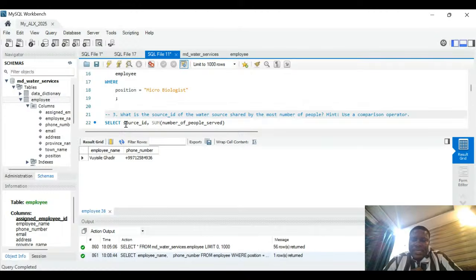Then there is a hint attached to the question: use a comparison operator. So we are looking for the source ID, and the one that serves the most number. We can find this information, the source ID and the number of people served. We have the number of people served.